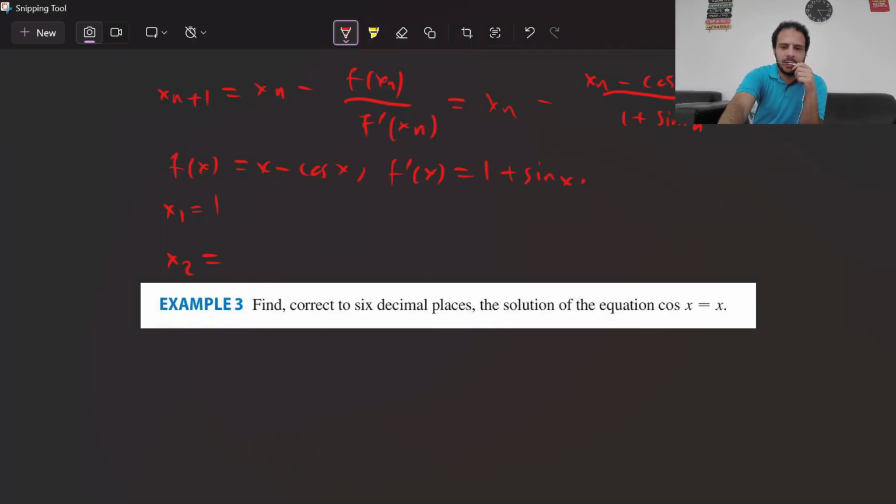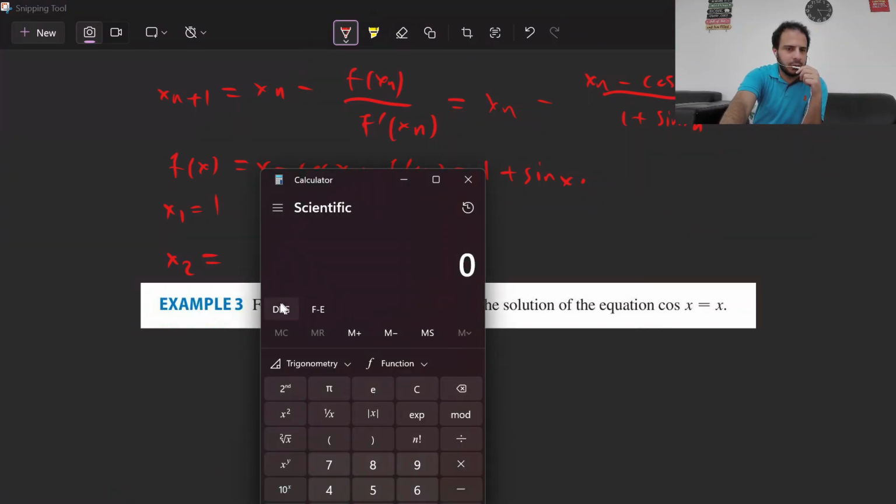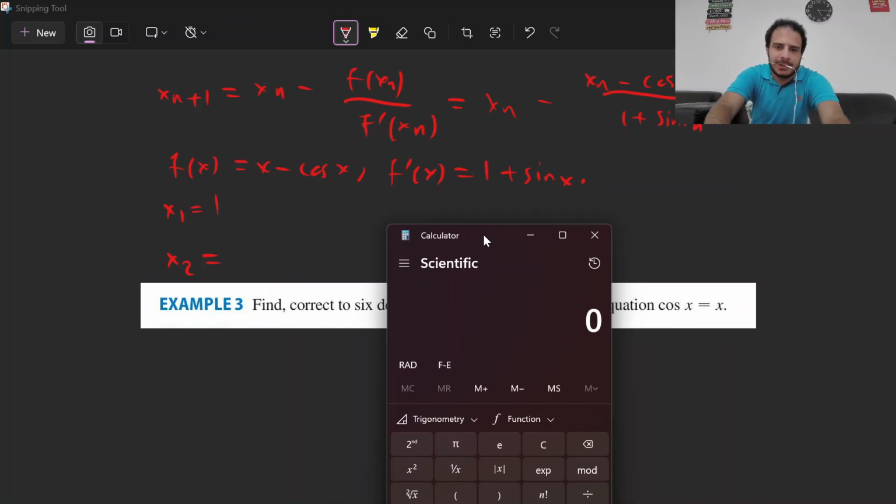So let's use the calculator now and make sure that your calculator is in radians, okay? So let's start.